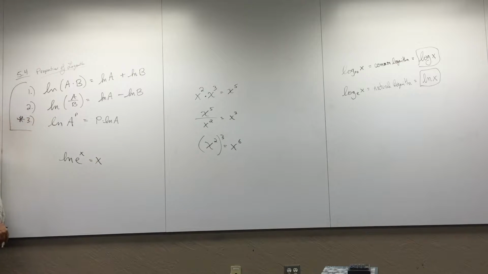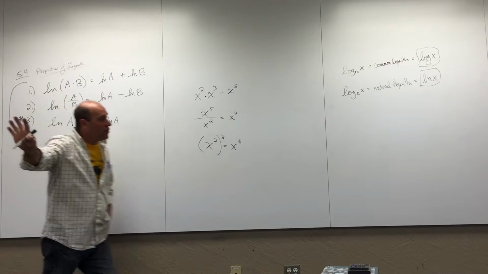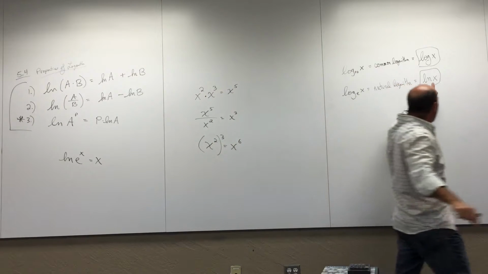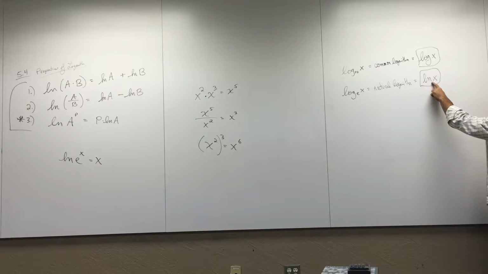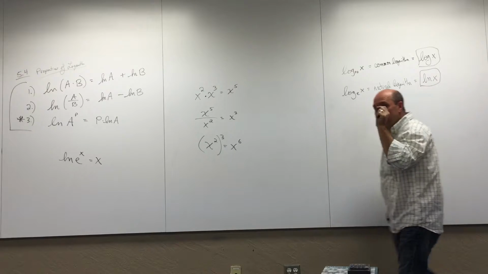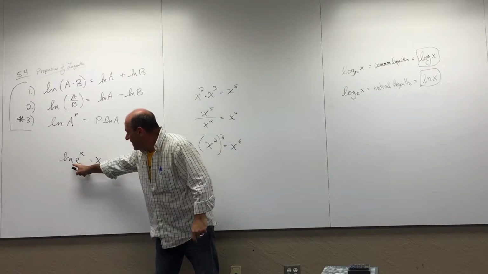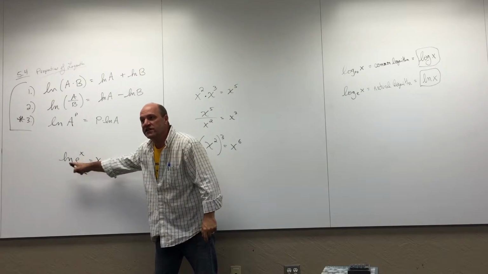I was trying to solve for x, and I had to kill the e, and this is what I did. But it works when the bases match up. What is the base on ln? We don't write the base on the ln, but what is the subscript right there? It's e. So when the base is e, and then it hits this e, that's when they cancel each other out.